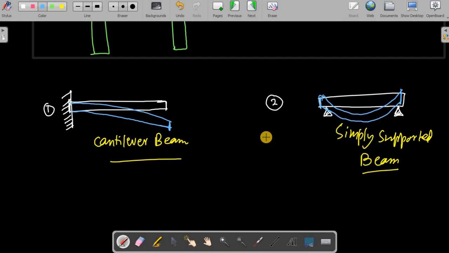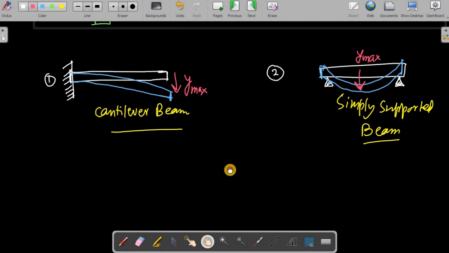So we want to find out the deflections happening, and the maximum deflection is here at the end. For the simply supported beam, the maximum deflection happens at the midpoint, right? So we are interested in these calculations, and we should know the formula for this.